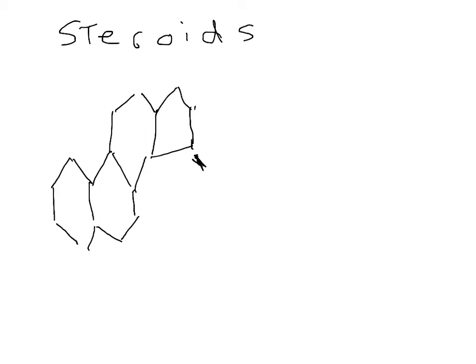So what makes one steroid different than another? Well, some of them have different groups on them, like an OH group or a CH3 group, or it could have a string of carbons. And they each take a different name and have a slightly different role in the body.